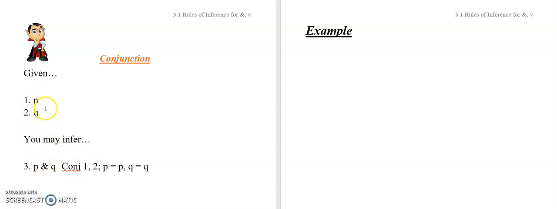Intuitively, if you're thinking about it semantically, from P and Q you can infer P and Q. But we're not thinking about it semantically. Syntactically, if you've got a string of symbols like this on one line, and a string of symbols like this on another line, then you can get a string of symbols like this on another line. You justify it by writing conj on 1 and 2. Let's do an example really quick of that.